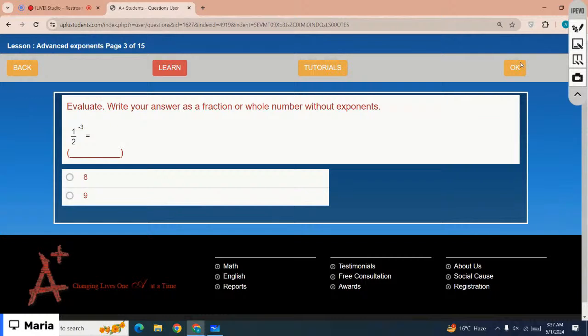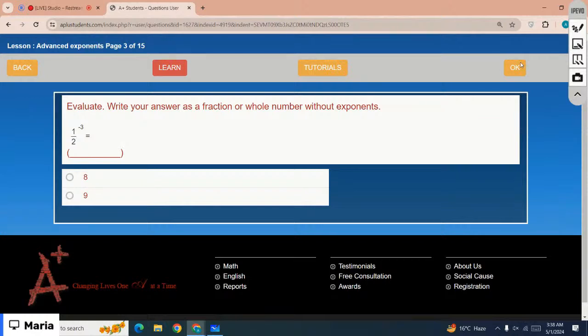Okay, evaluate. Which is the correct option? That is 8.